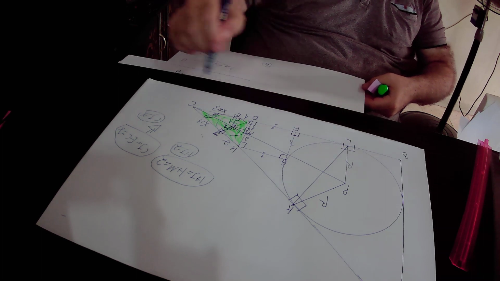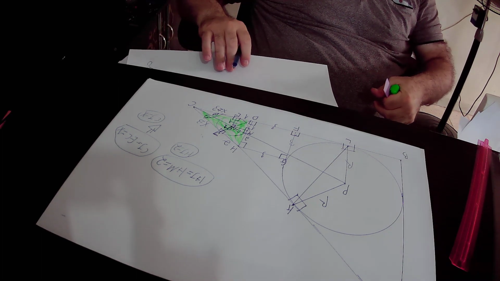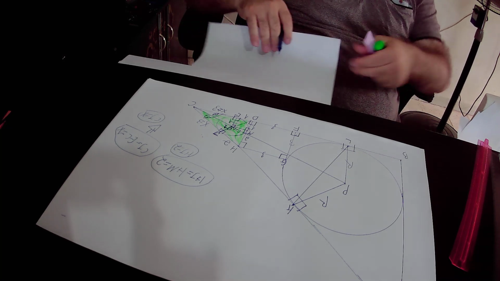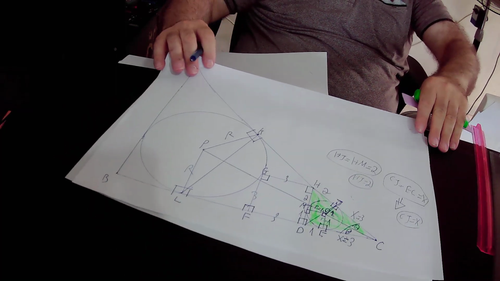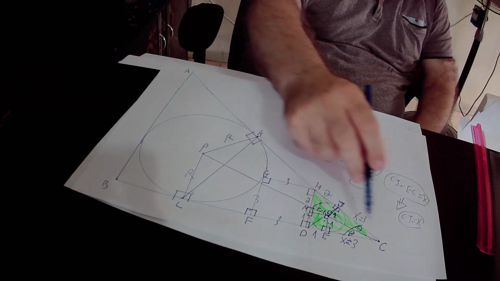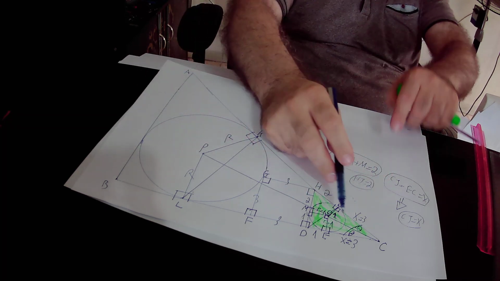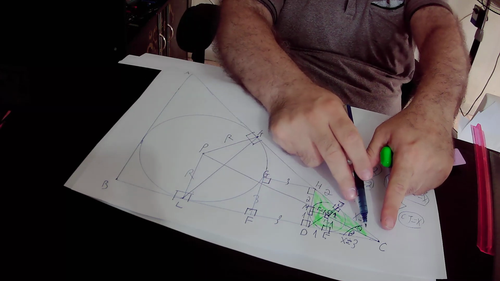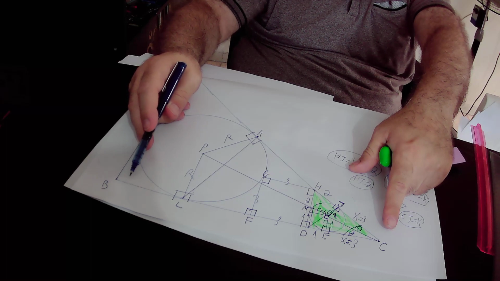And here, according to our assumption, first of all, it is very easy to see that DC is part of BC. So if DC is part of BC, it means that they are both located on the same straight line.